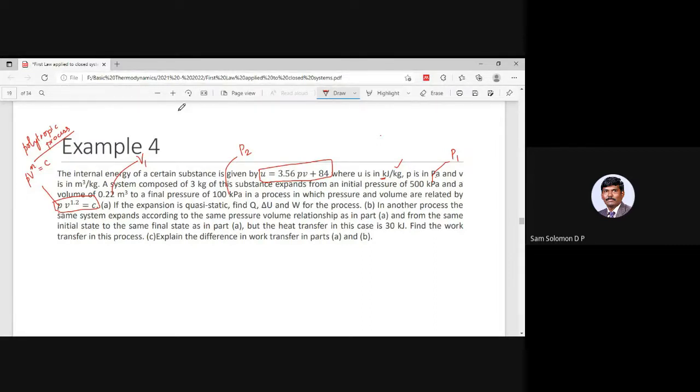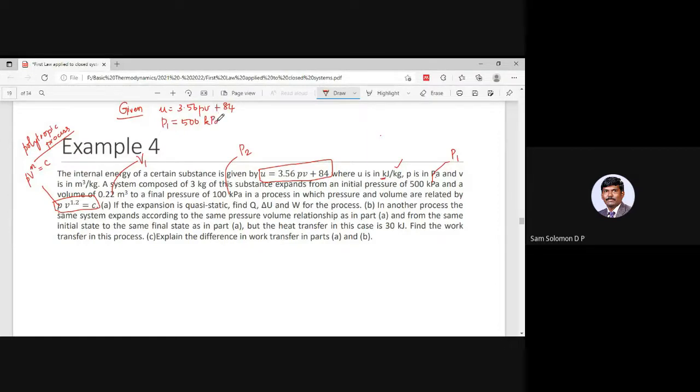Okay, so the given details, what are all given? First, they have given you an equation of the form 3.56 PV. I am writing this because this is how you should also write. P1 is 500 kilopascal.